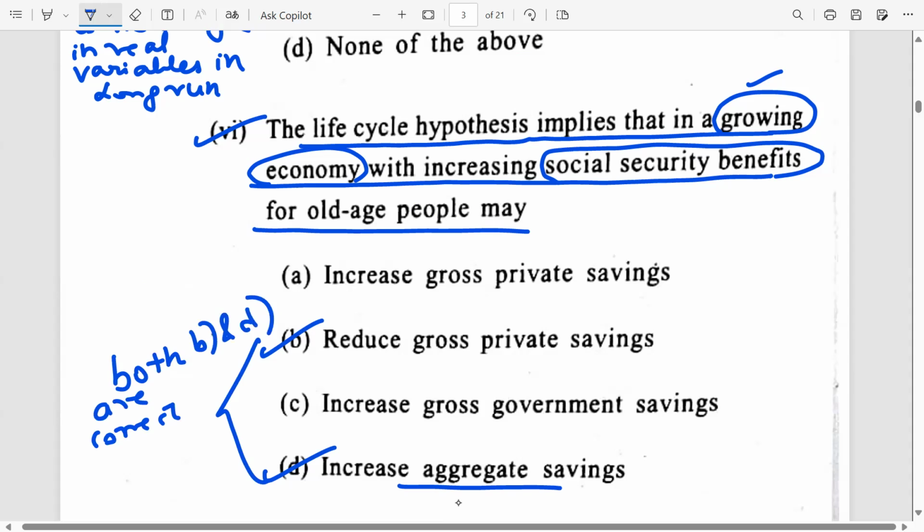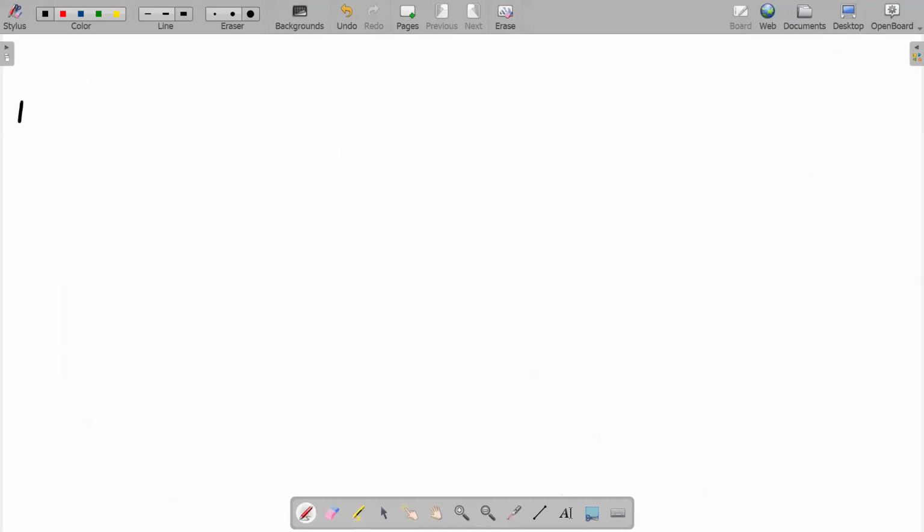I can come to the whiteboard and write a proper explanation for question 1, part 6.